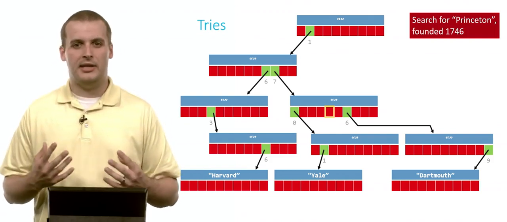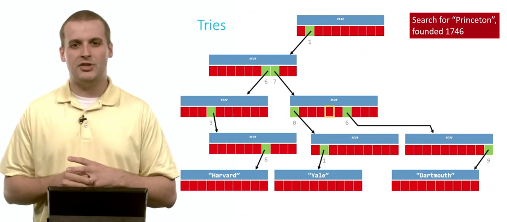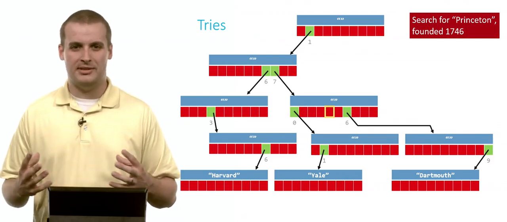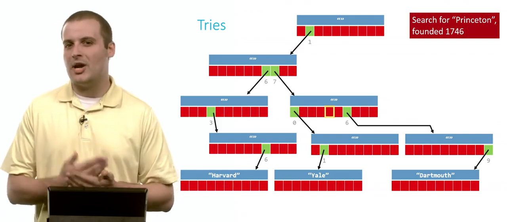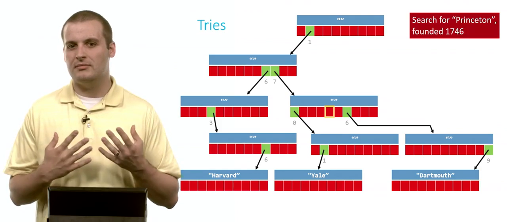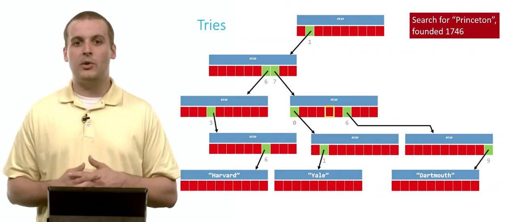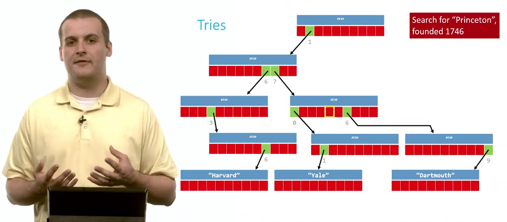So what does this all mean, right? There's a lot going on here. There's pointers all over the place, and as you can see just from the diagram, there's a lot of nodes that are kind of flying around. But notice, every time we wanted to check whether something was in the trie, we only had to make 4 moves. Every time we want to insert something into the trie, we have to make 4 moves, possibly mallocing some stuff along the way.